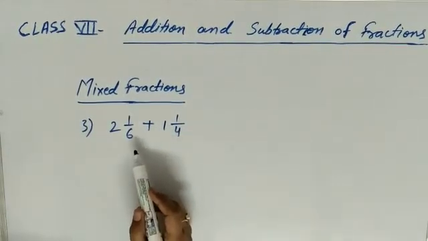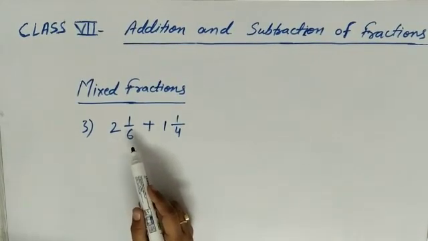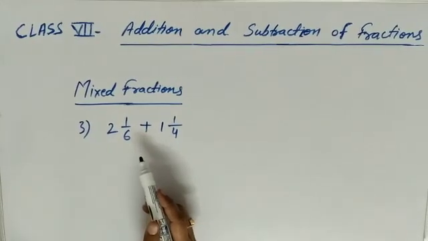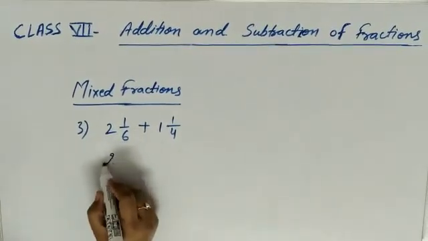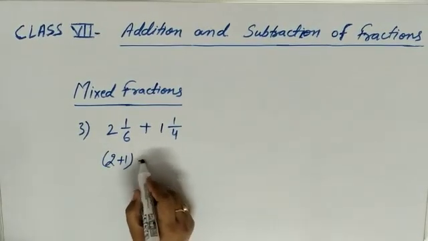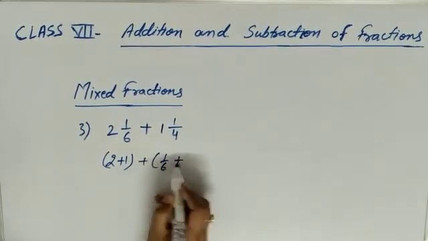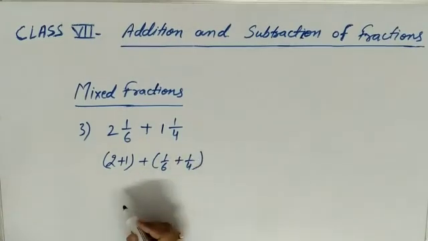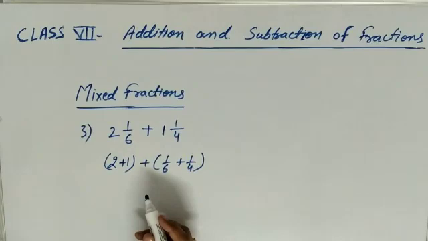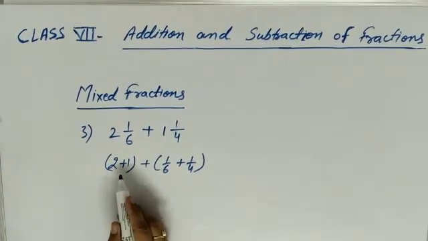Now we make a group of the whole numbers and a group of the proper fractions. So we get 2 plus 1 and 1/6 plus 1/4. It is really easy to add the whole numbers: 2 plus 1, we get 3.